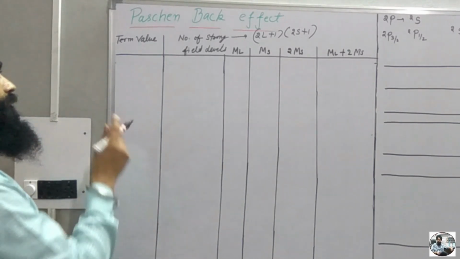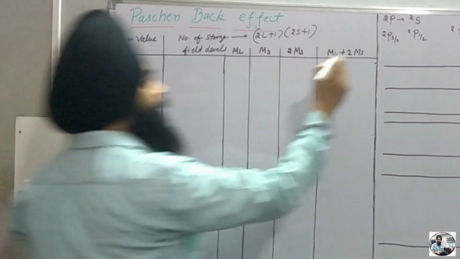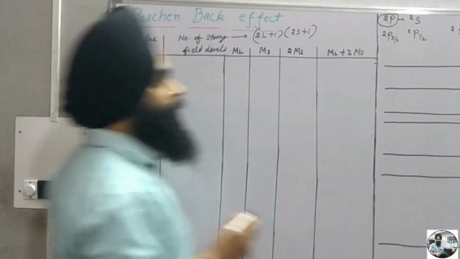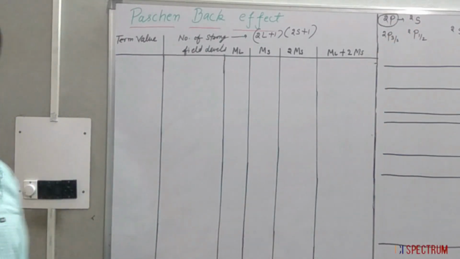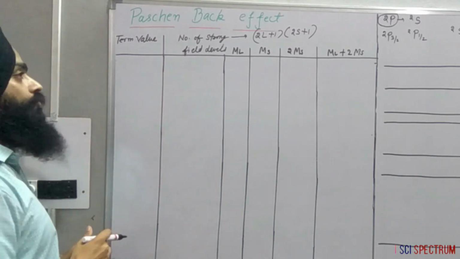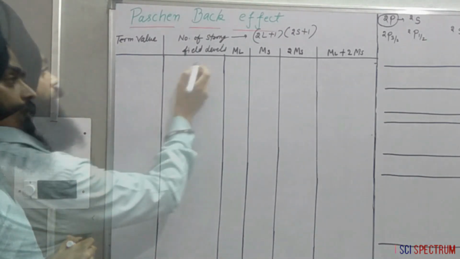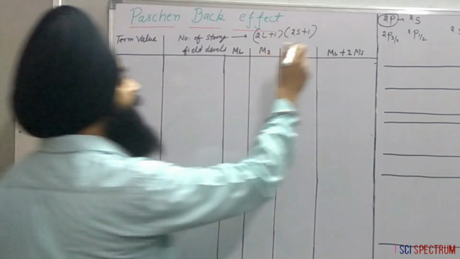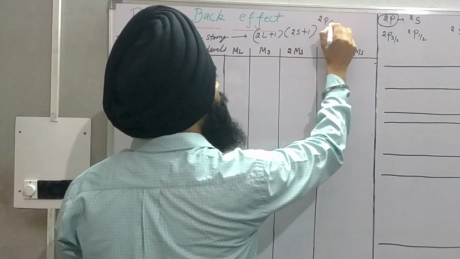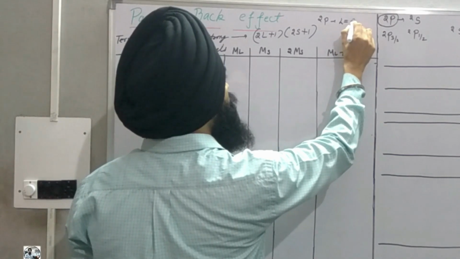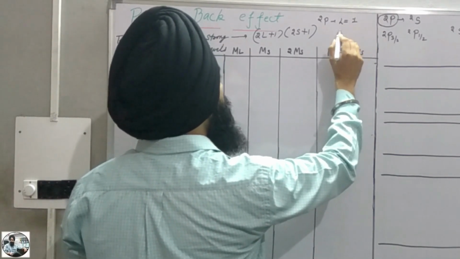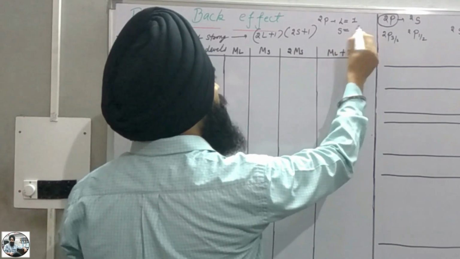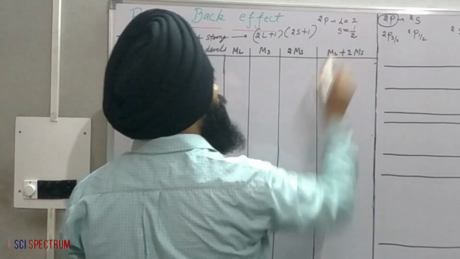Let us consider the 2p state first. For 2p state we have L is equal to 1. And we have 2L plus 1 into 2S plus 1, which we can calculate for 2p state. For 2p, L is equal to 1, and since there is one electron, we have S equal to half.